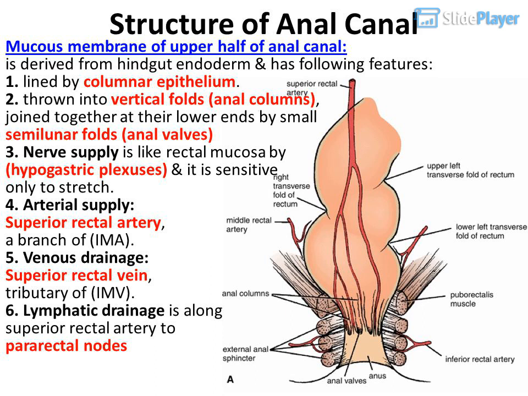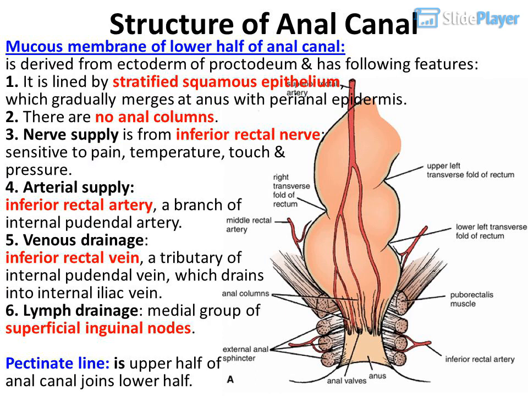Nerve supply is like rectal mucosa by the hypogastric plexuses, and it is sensitive only to stretch. 4. Arterial supply: superior rectal artery, a branch of the IMA. 5. Venous drainage: superior rectal vein, a tributary of the IMV. 6. Lymphatic drainage is along the superior rectal artery to the pararectal nodes.